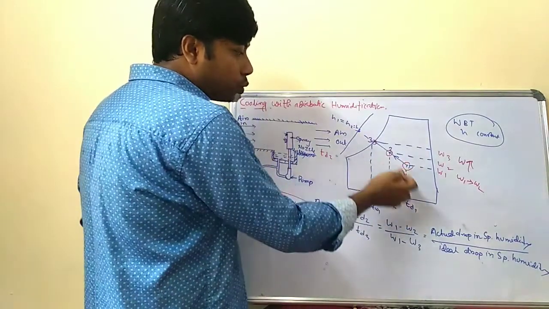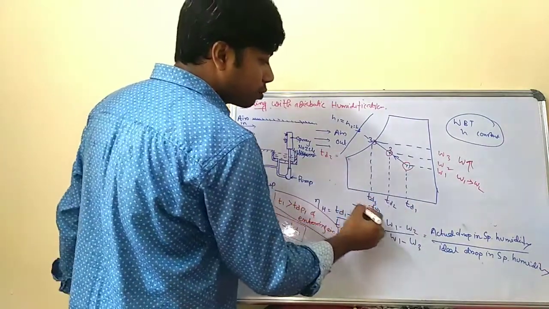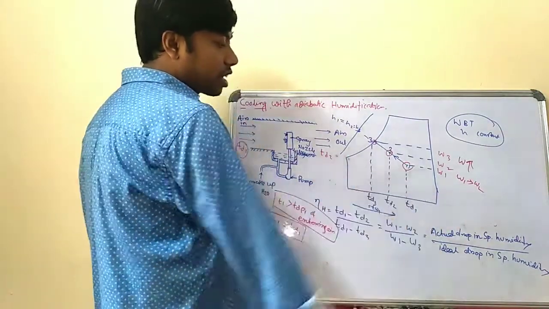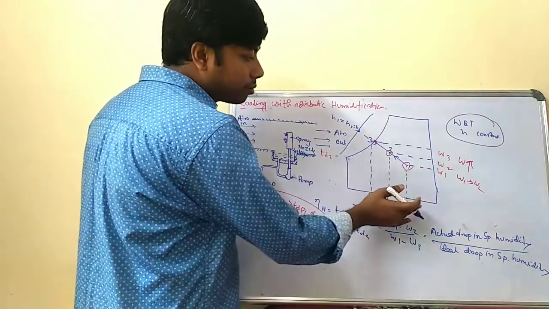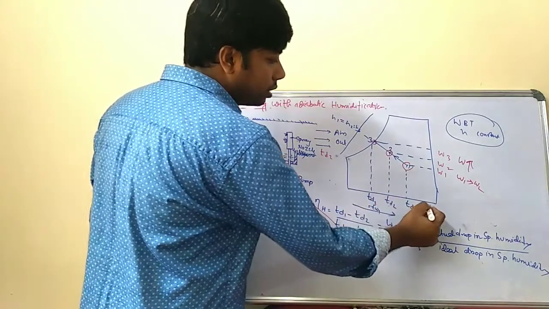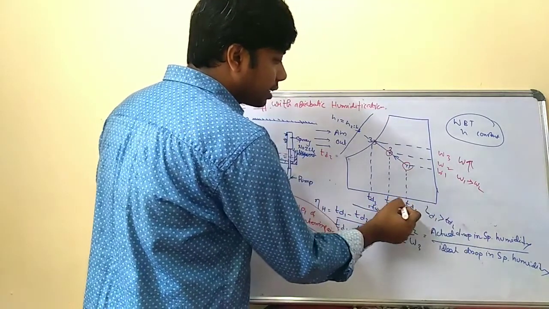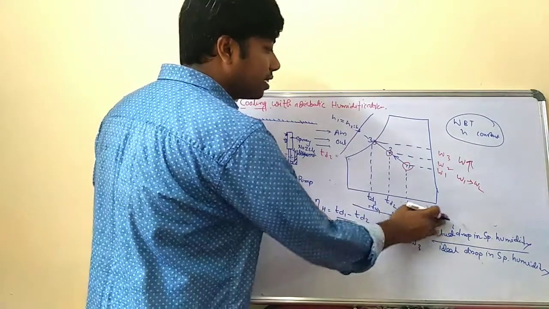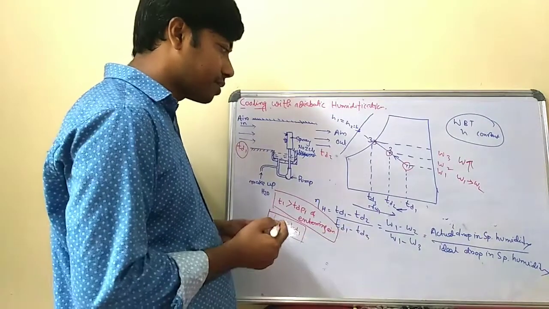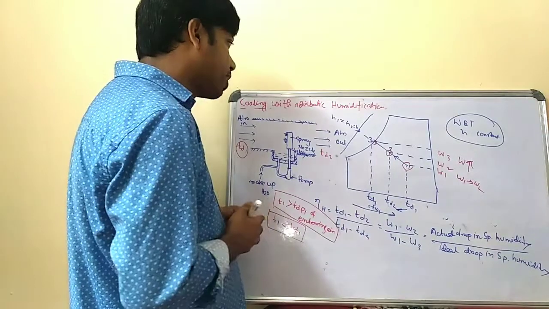Again, from 1 to 2, TD1 is greater than TD2, as you can see along the dry bulb temperature lines in the psychometric chart. The process goes in this direction, from TD1 to TD2, which indicates that the cooling process takes place. So this is the cooling and adiabatic humidification process.